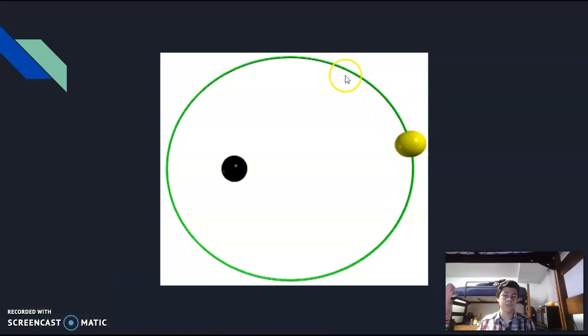As it gets closer, the perpendicular force is going to outweigh the parallel force. If they were equal, it would be a nice circle, but it isn't because Fnet perpendicular outweighs parallel. So it's going to change direction faster than it is moving forward, and it will not be a perfect circle just because of that.